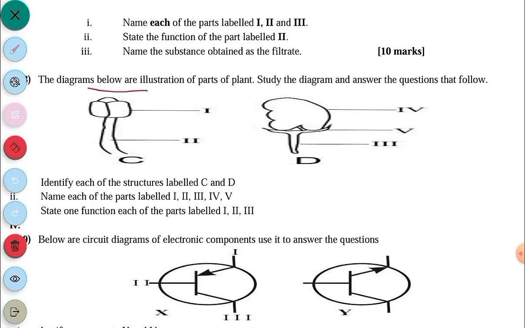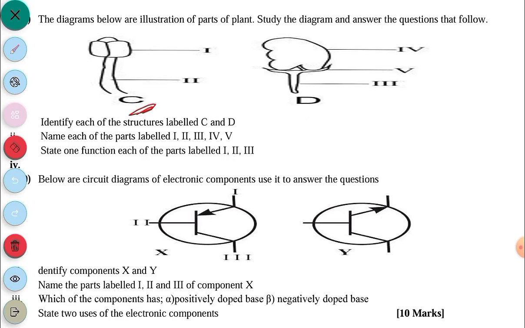The diagrams below are illustrations of parts of a plant. Read the diagram and answer the questions that follow. So identify C and D. C represents the male part of a flower, D represents the female part of a flower.